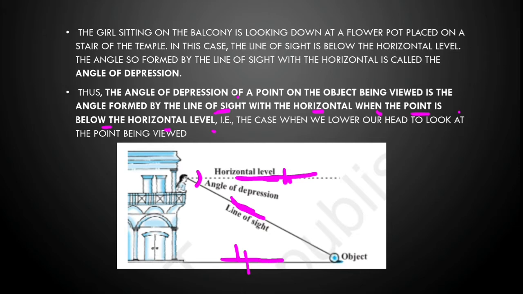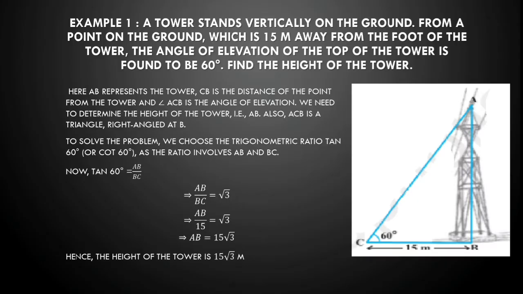Angle of elevation is whenever an observer is looking up, and angle of depression takes place when the observer is looking down from the horizontal line. Now we will discuss an example.